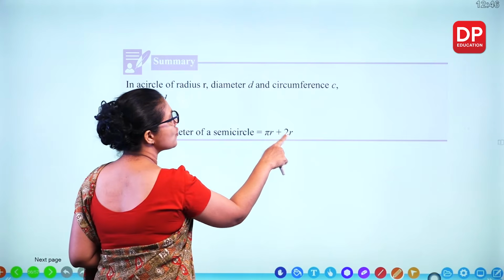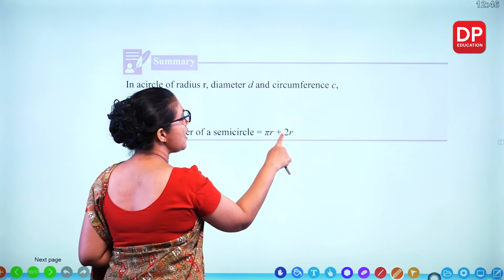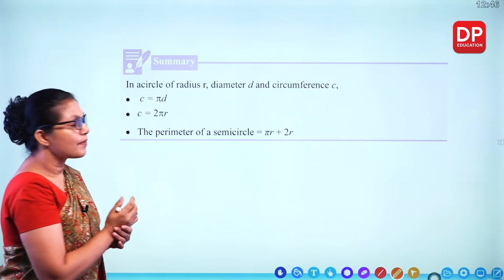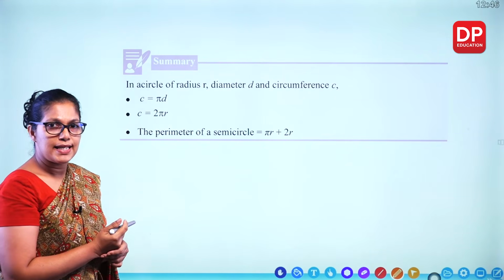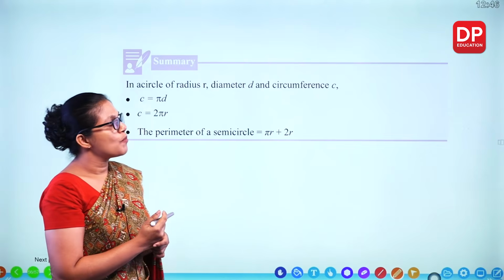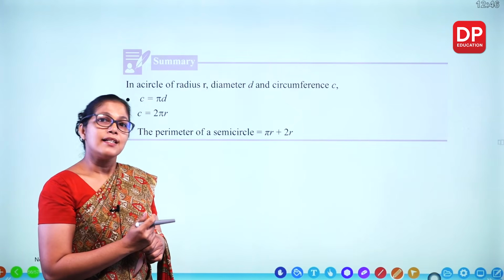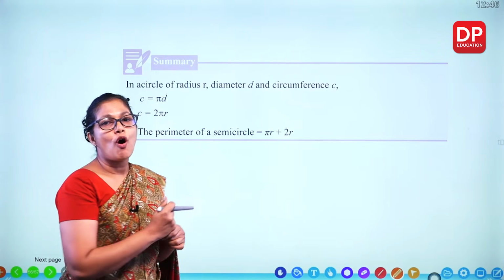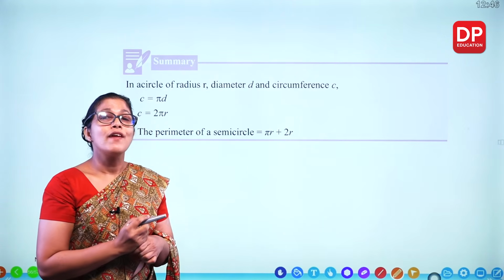Pi r plus 2r, or if it's diameter, this is d plus half pi d. So practice with all these examples and exercises and be thorough with the formula, and you can find out the circumference of any circle.